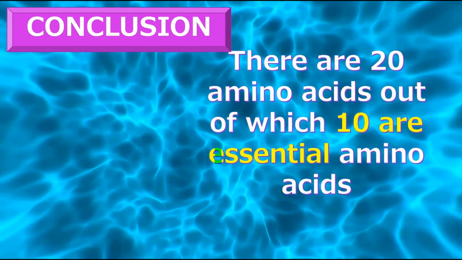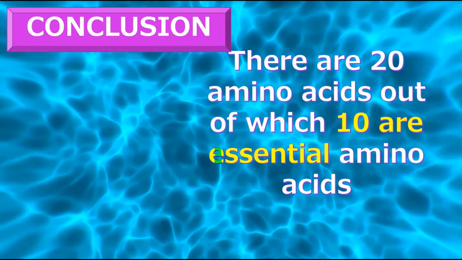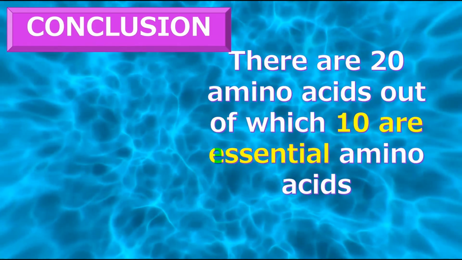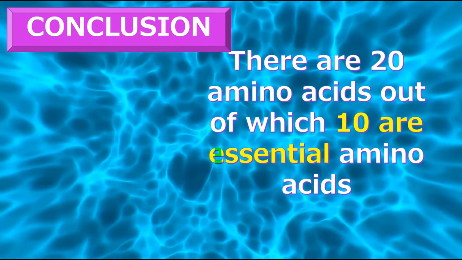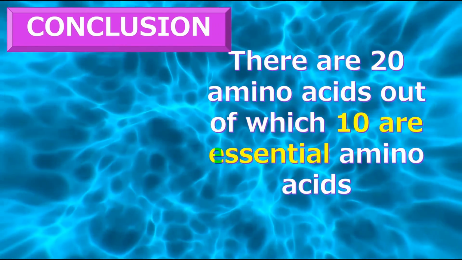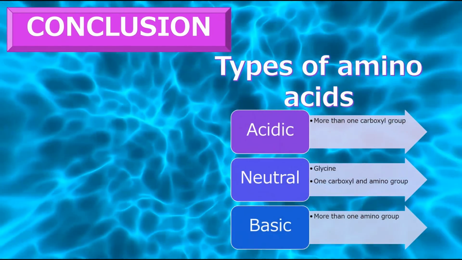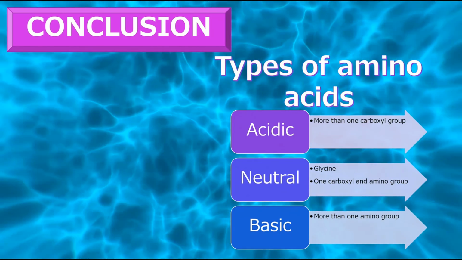Similarly, we have also covered that there are 20 amino acids, out of which 10 are essential amino acids which our body cannot make or cannot produce, and they need to be consumed through our diet. Also, we have seen the types of amino acids, that is acidic, neutral or basic.